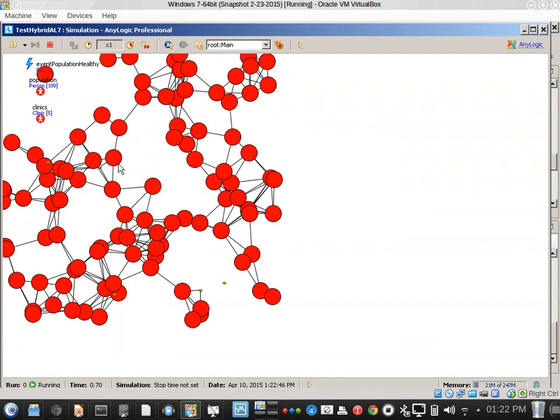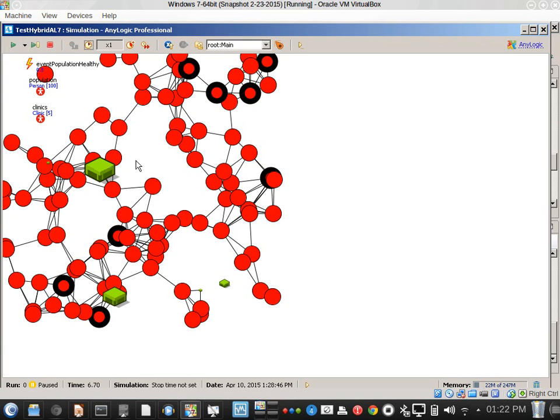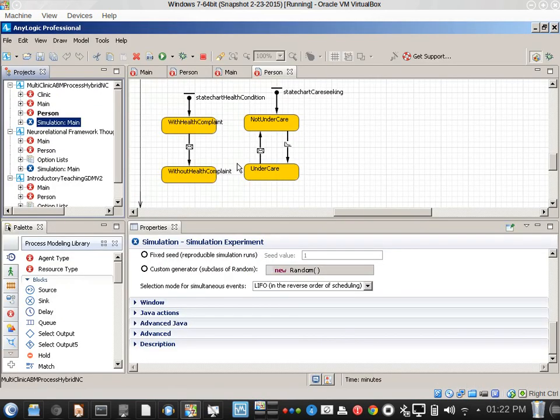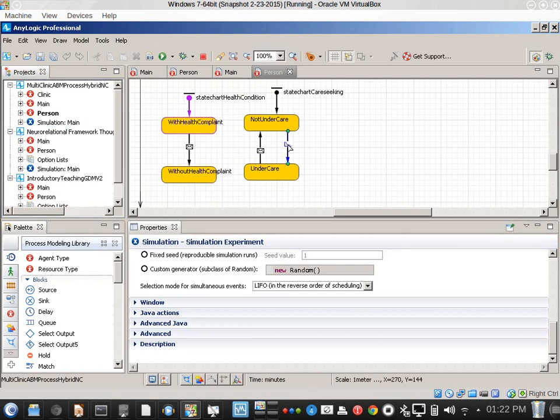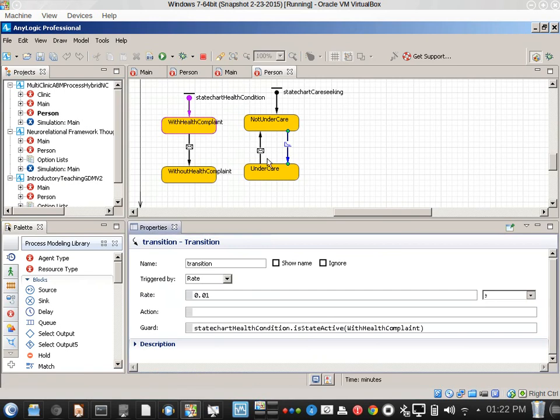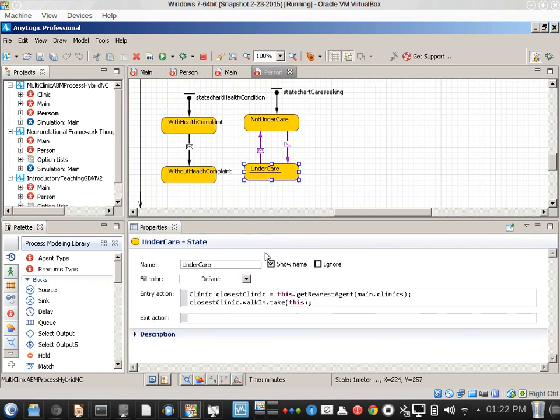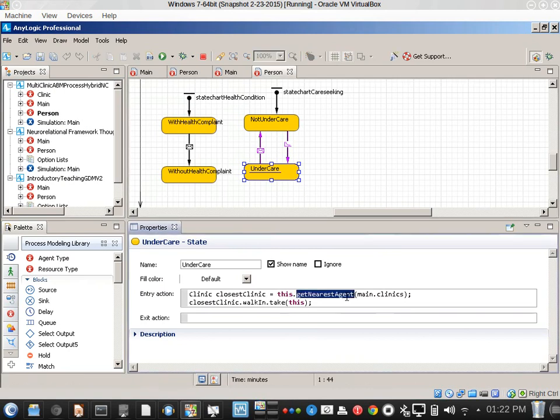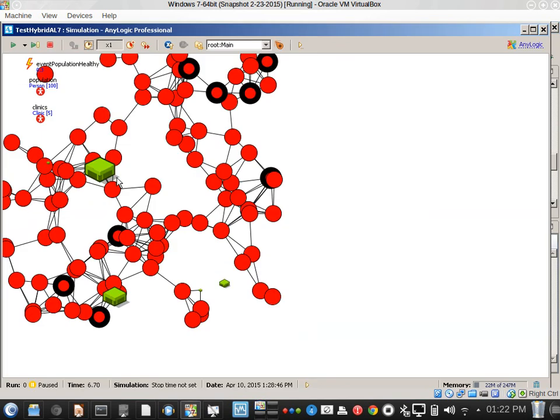When they decide to seek care, they have this border around them, and they'll actually go to the nearest clinic. This care-seeking behavior is contingent upon them needing to seek care. When they go under care, they get the nearest clinic out of all clinics, and they go to that clinic. And these clinics here are shown in this color.